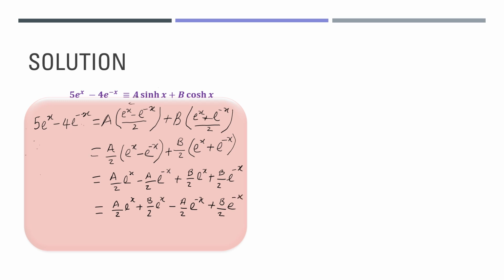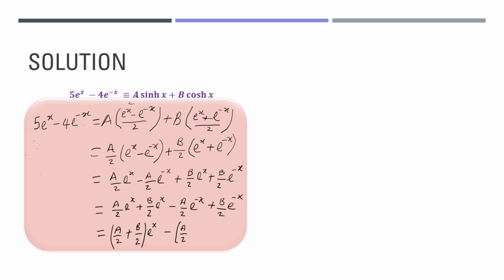Okay, we can write them in this form and say that e^x, we can bring it out, so we have (a over 2 plus b over 2) into e^x, minus (a over 2.